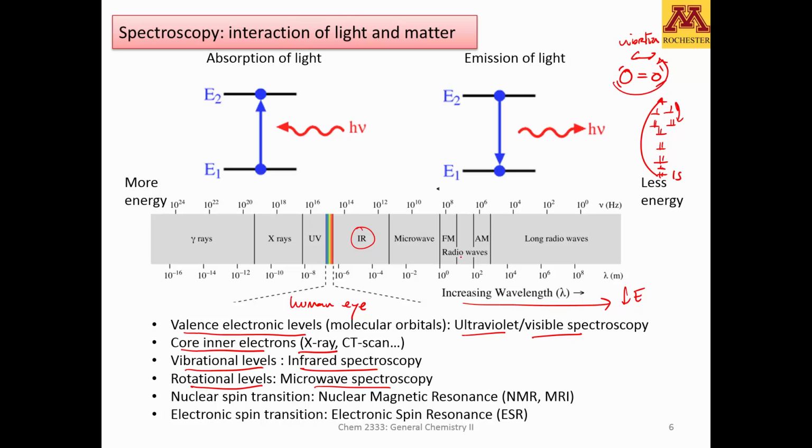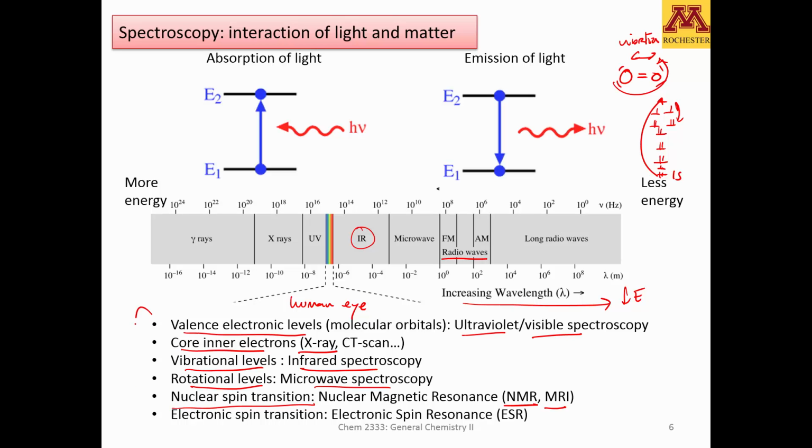And in the radio waves, what you see is the nuclear spins, that is, depending on the number of protons and neutrons that you have, some of the nuclei have a net spin, and the transitions among the different orientations of those little magnets will fall into nuclear magnetic resonance, also known as MRI.